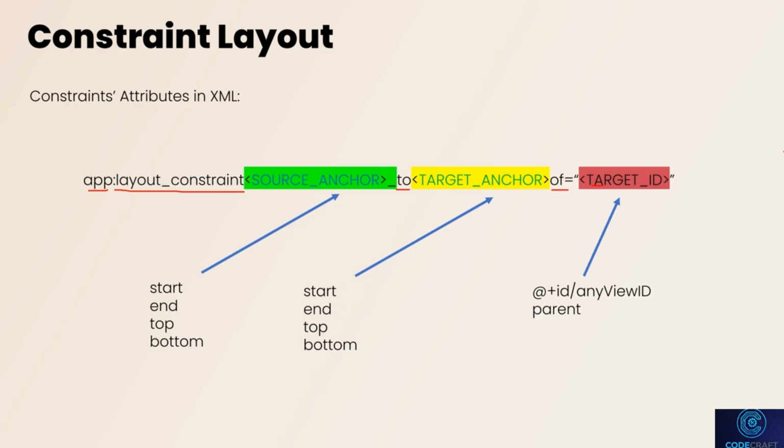Parent for the root layout will be the device itself. And in this case, you are setting the root layout if you specify parent. And if you have nested layouts, parent will be the layout containing that particular view.